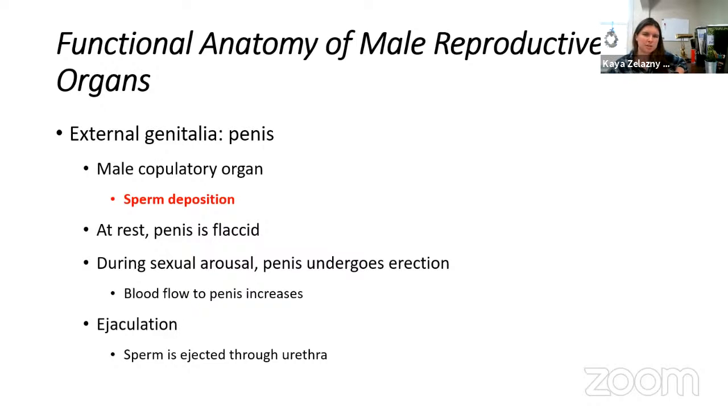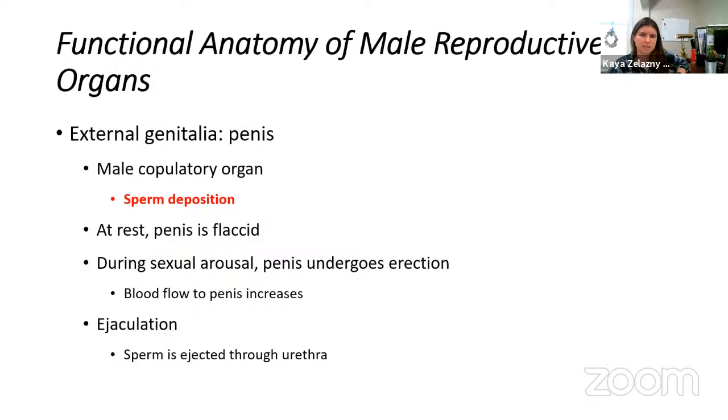Blood flow enters the erectile tissues, which are the corpora cavernosa and the corpus spongiosum that you looked at mostly in cross-section in lab. And those tissues are going to fill with blood and swell with blood. And the blood flow is going to be blocked from returning to the body, which causes erection. That's what causes the penis to harden and lengthen. It's because this blood is filling the penis with volume.